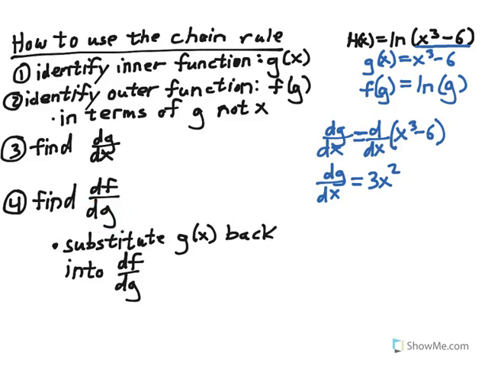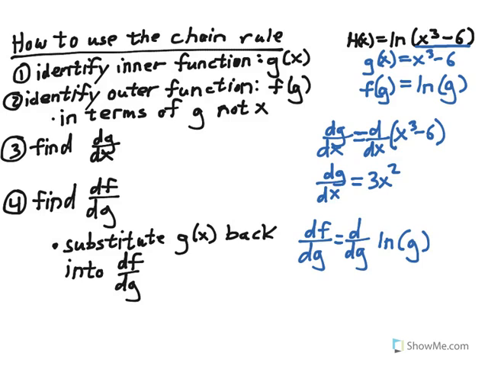Okay? So we say that df/dg is going to be d/dg, the derivative with respect to g, of our outer function. So that's going to be the natural log of g.